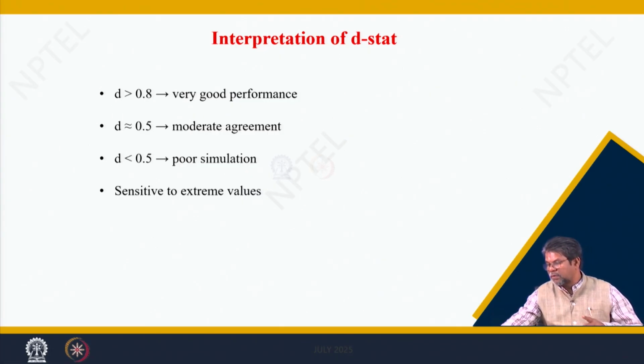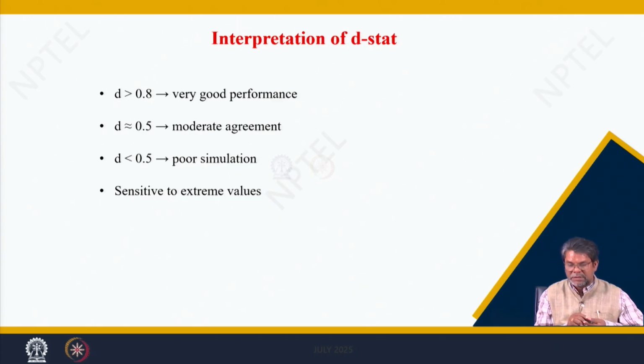We calculate these when you go for the calibration and the validation. I think you remember, in the beginning, in some class I discussed calibration, where you make adjustments of model parameters.